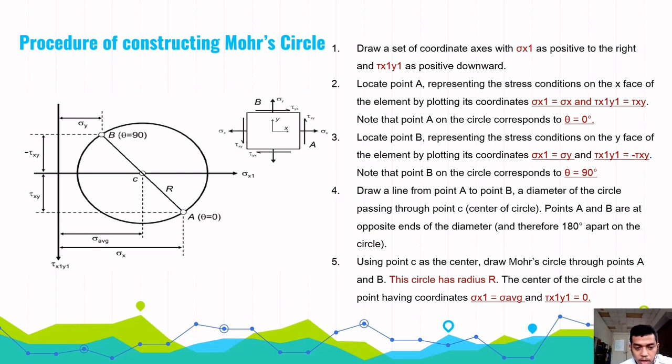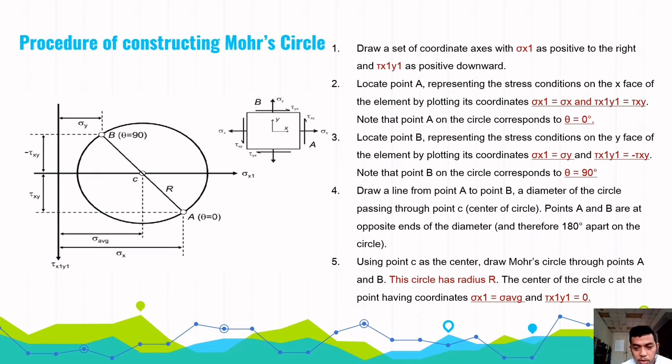Next, we have to locate point A, which represents the stress condition on the x-face of the element by plotting its coordinate, which is sigma x1 equal to sigma x and tau x1y1 equal to tau xy. Note that the point A on the circle corresponds to theta equal to 0.